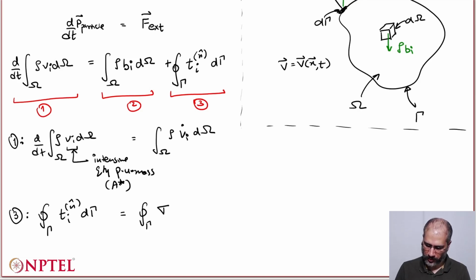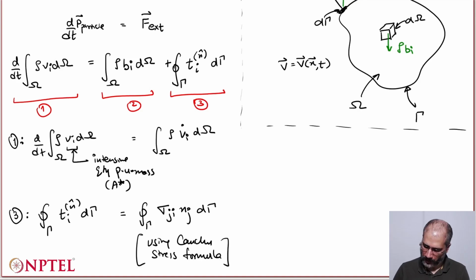So this becomes sigma ji n j times d gamma, and this can further be converted to a volume integral using Gauss's theorem. So this becomes sigma ji comma j times d omega.